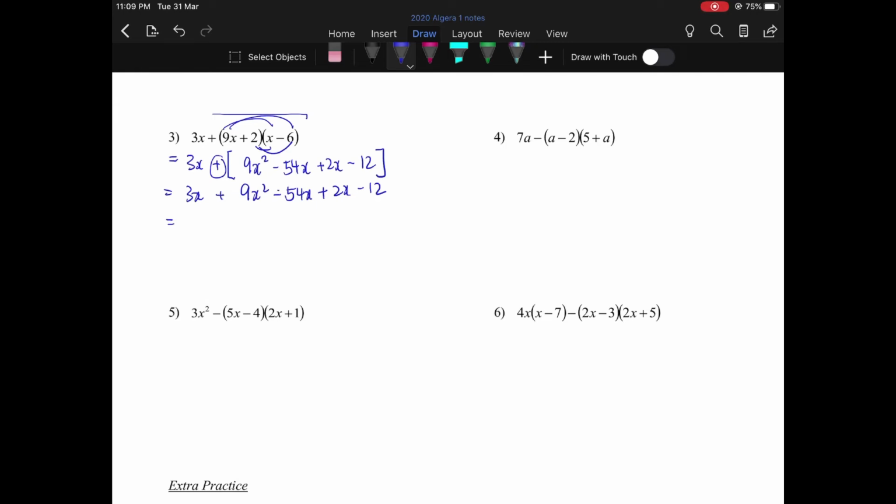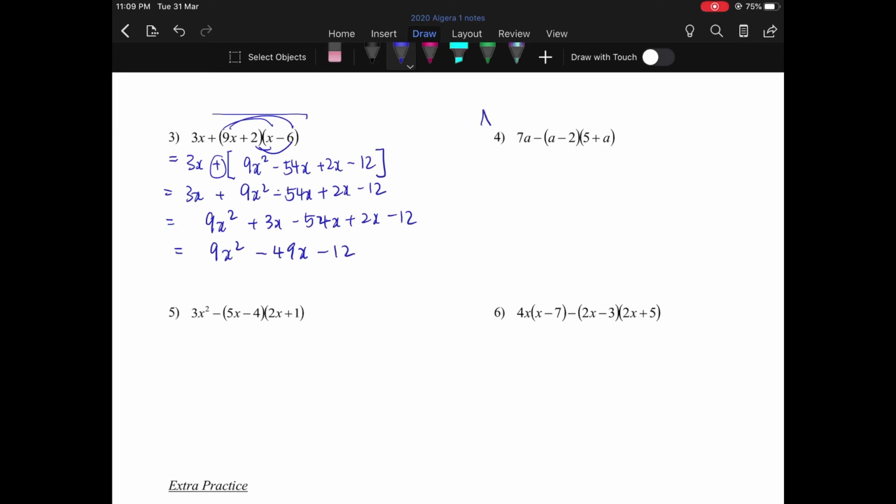Let's rearrange the terms. We can simplify the like terms together. So for the x term, we can simplify this and we will get negative 49x minus 12.